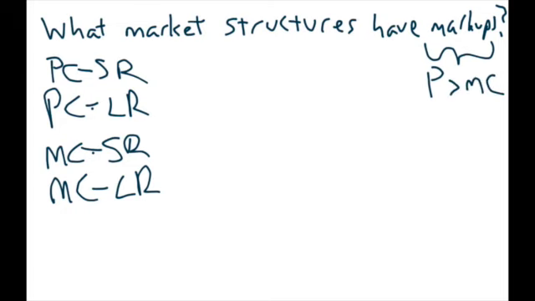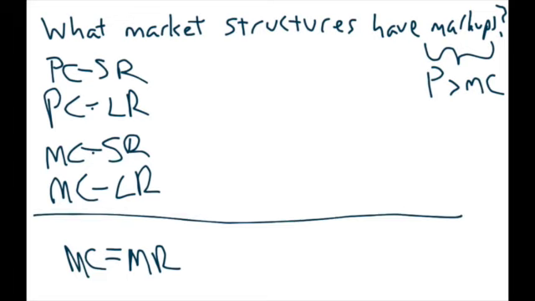So all of these guys have MC equal MR. And then some of them have P greater than MR. And some have P equal MR. Which ones have P equal MR? The price takers? Right, these two.